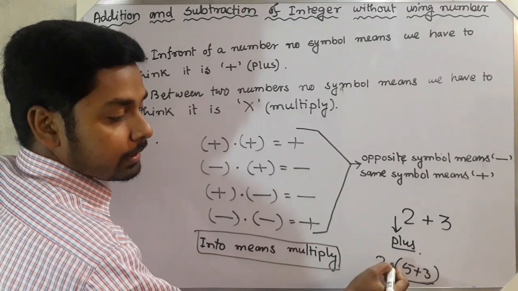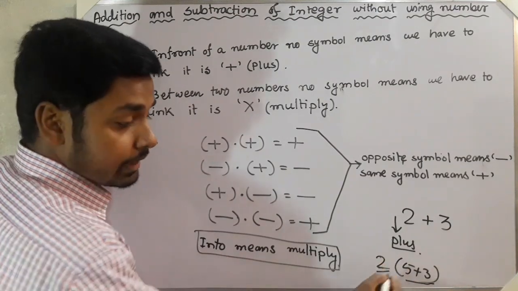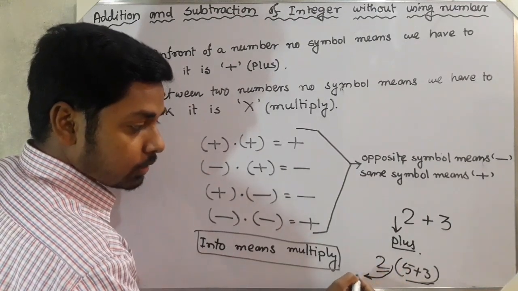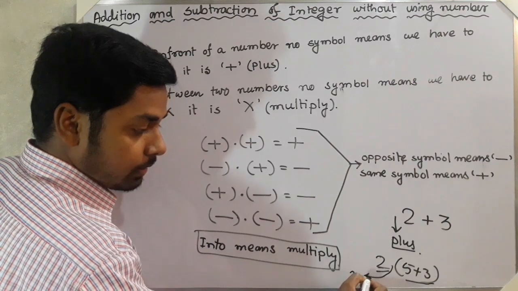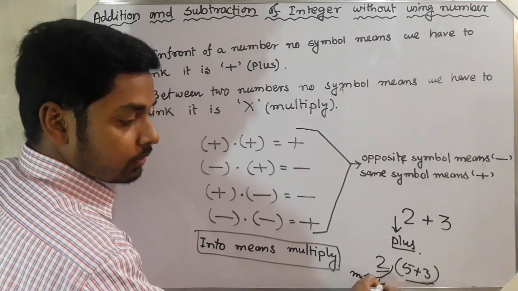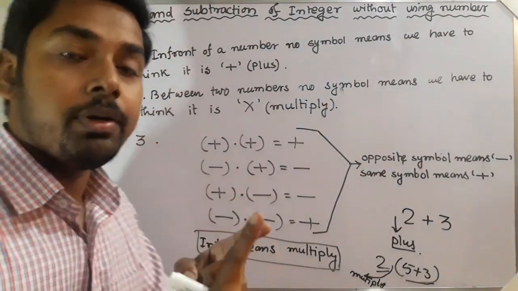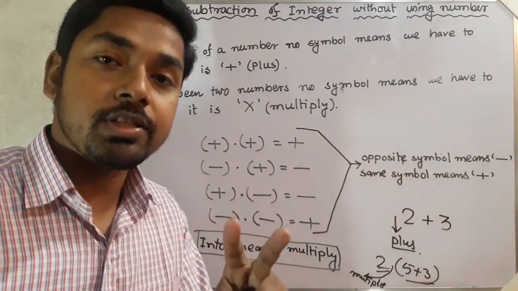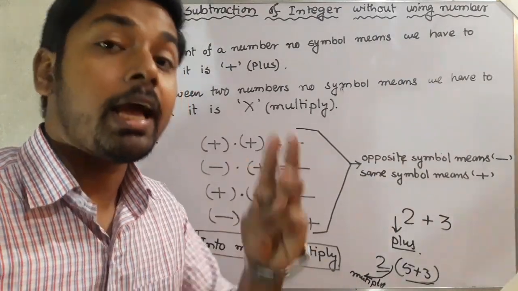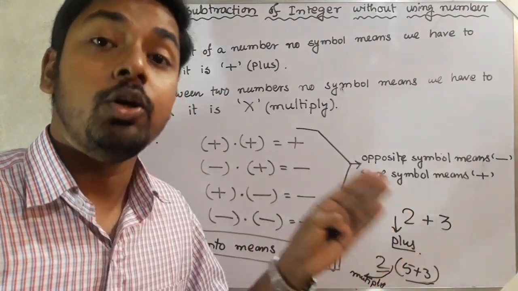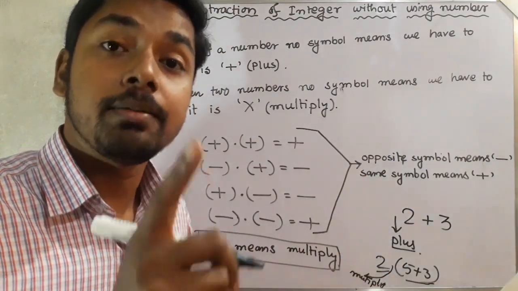Here, after 2, no sign, so you have to think multiply. So this is the rule: between two numbers no symbol means multiply, and in front of a number no symbol means plus.